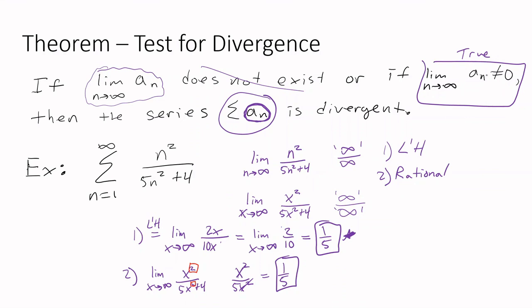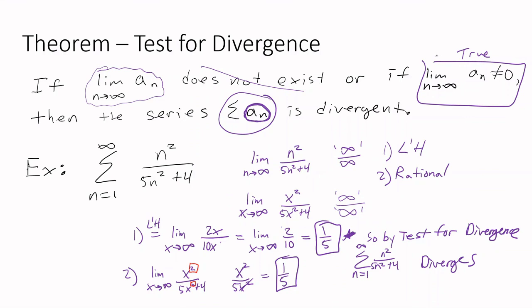So we checked this box, thus, by the test for divergence, this series diverges. And there you go. You've shown that the condition of the theorem is true.